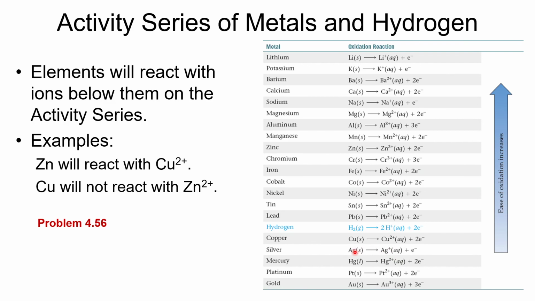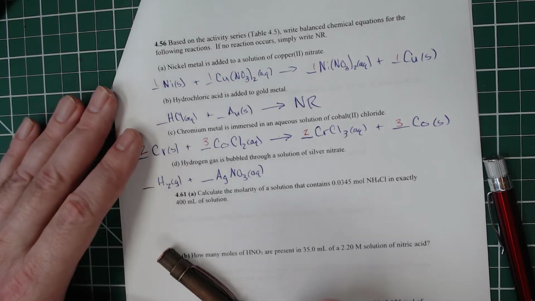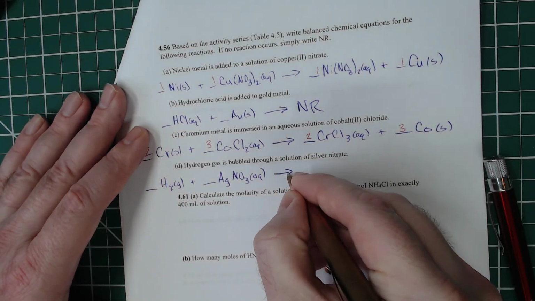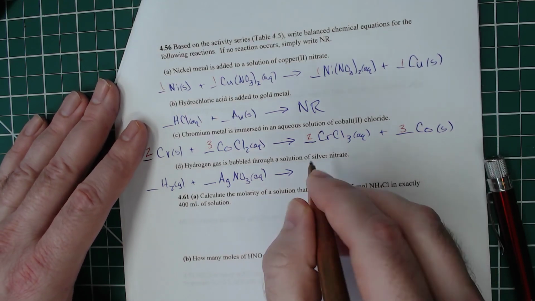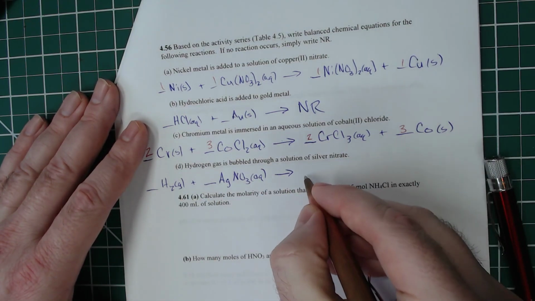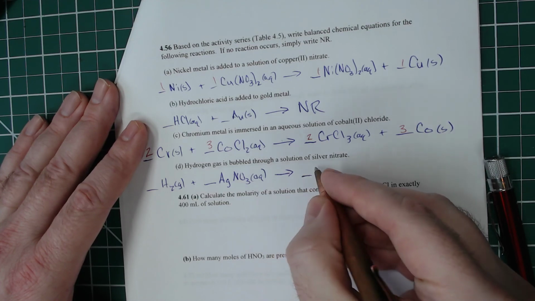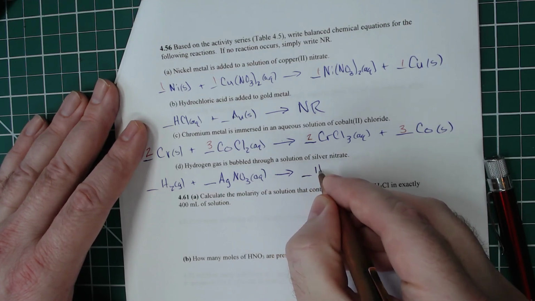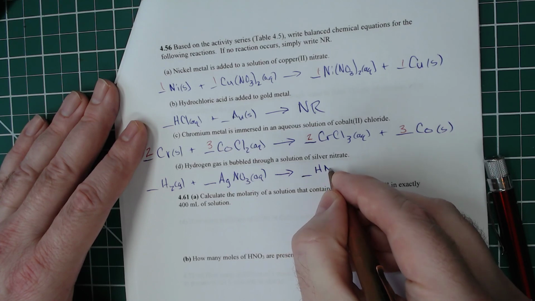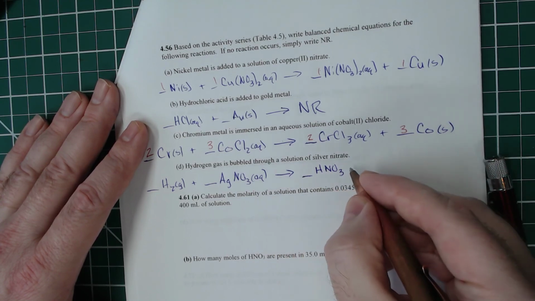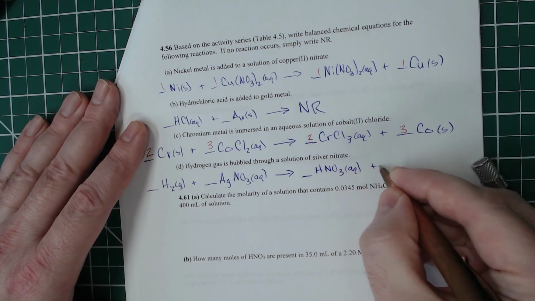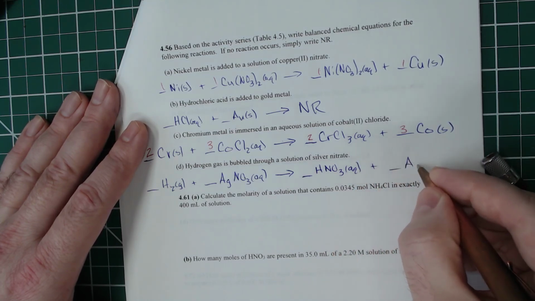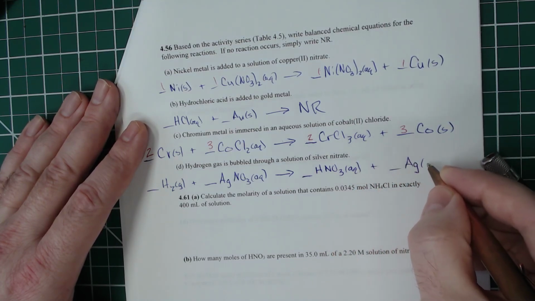All right, so we're going to go back. So the hydrogen gas will get converted into hydrogen ion. So hydrogen ion plus nitrate is just going to be nitric acid. So we will get HNO3 aq plus Ag, and that gives us Ag solid.